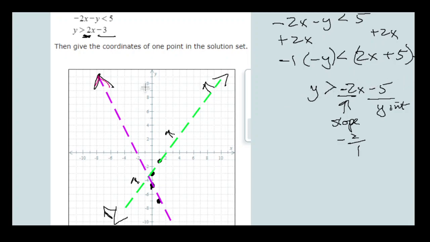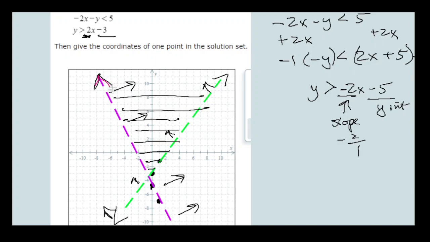So if it's greater than this, that means on the purple line that we're shading this side. And so if that's what's happening, then this ice cream cone shape right in here is our shared region. That's the region that satisfies both of the inequalities, and that's why we shade just that part.